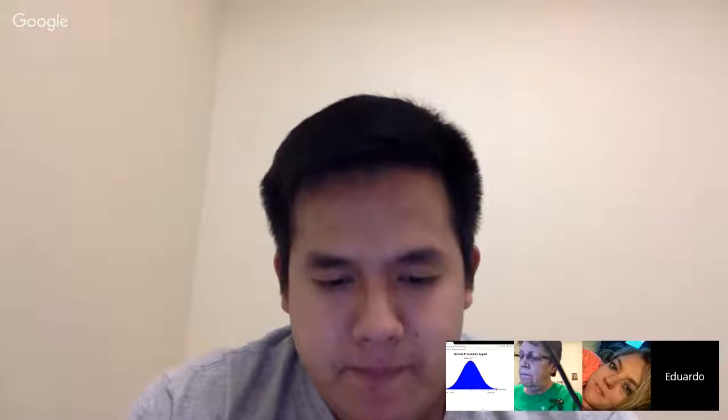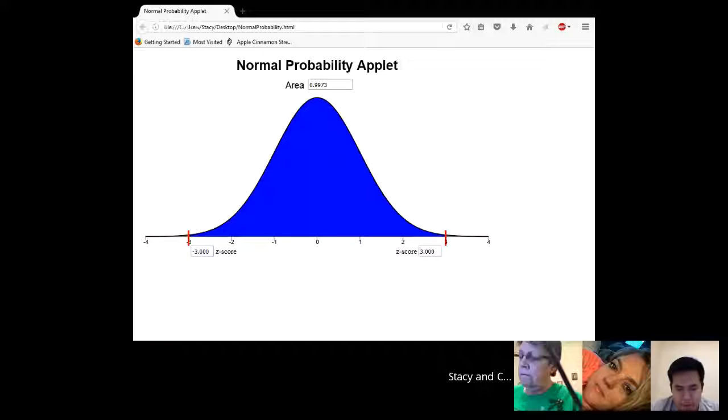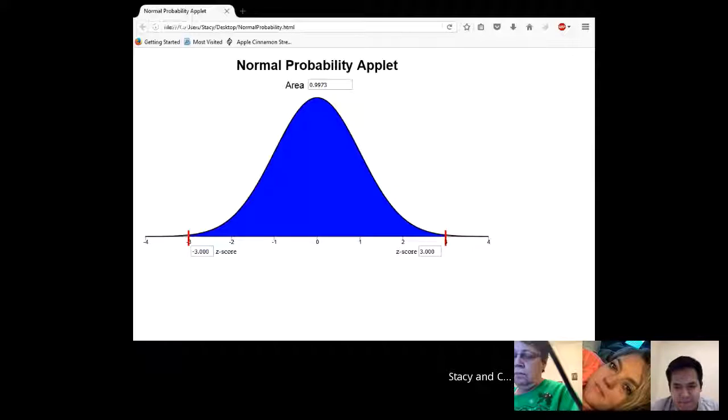Is that how you get the z-score? Yep. Am I doing it wrong? So I got negative 0.714. I got the same thing. Negative 0.7142857.